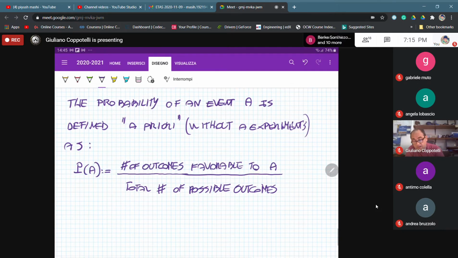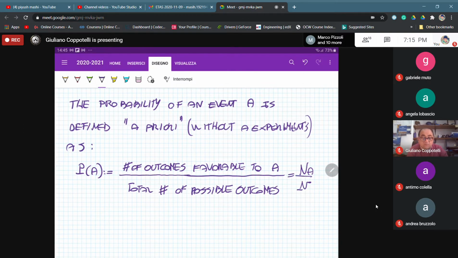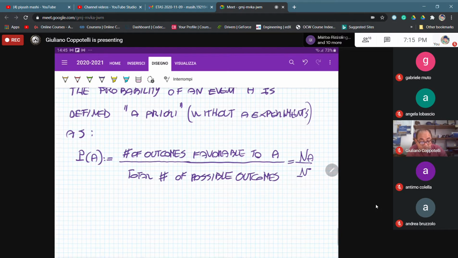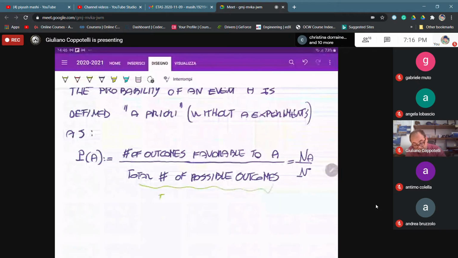This ratio could be defined also as NA, the number of outcomes that are favorable to A, divided by the number of possible outcomes N. By the way, this number of possible outcomes could also be the number of samples, so the total number of samples that we can have for a specific test, for example.